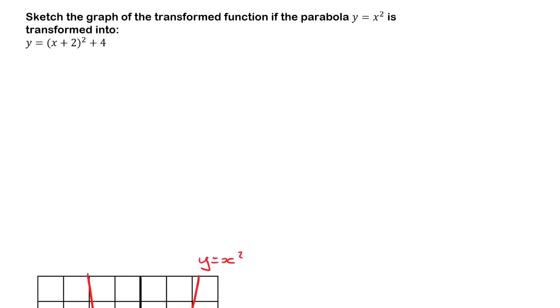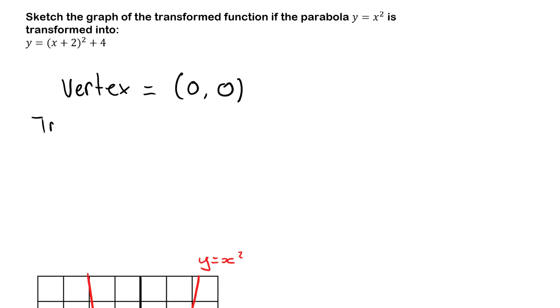So here we can start with a question. Sketch the graph of a transformed function if the parabola y equals x squared is transformed into (x plus 2) squared plus 4. So what we can do here, because this is a parabola, we know that the vertex of the original is at (0, 0).